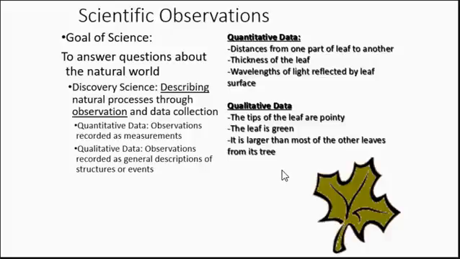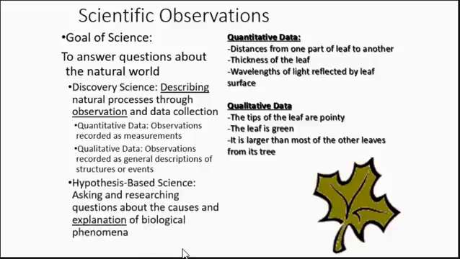However, our brain naturally starts to go to other questions and asks, why is the world like this? Why is the world like this is the realm of what we call hypothesis-based science, where there are questions and then you research those questions by doing experiments, predicting the results, and testing your hypothesis.